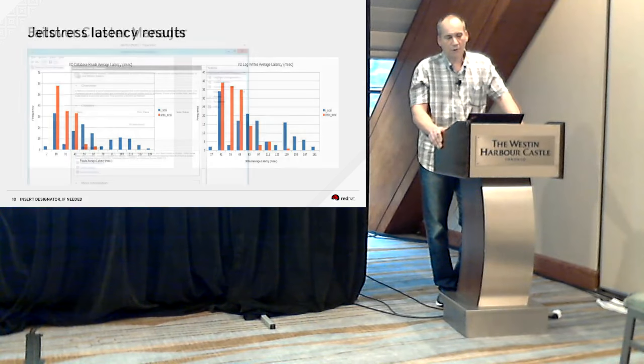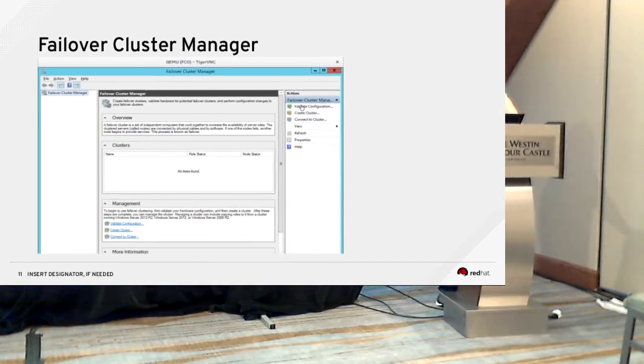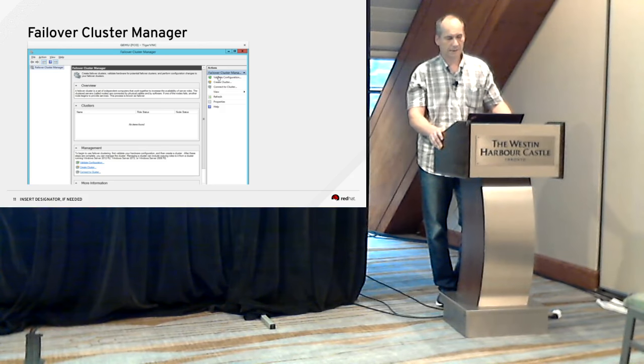For failover cluster validation, Microsoft has a very good tool. It just comes together with activating the failover clustering feature. The name for this tool is Failover Cluster Manager, and as part of it, they have a validation wizard inside.